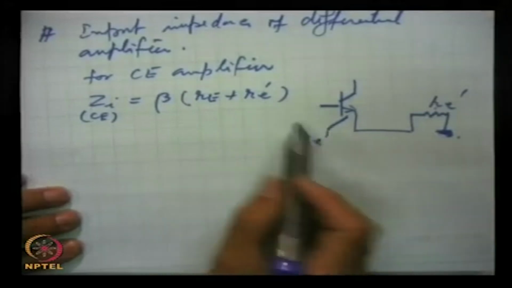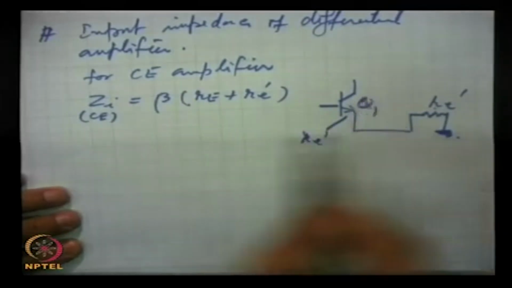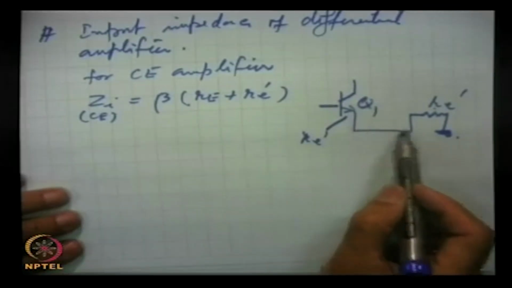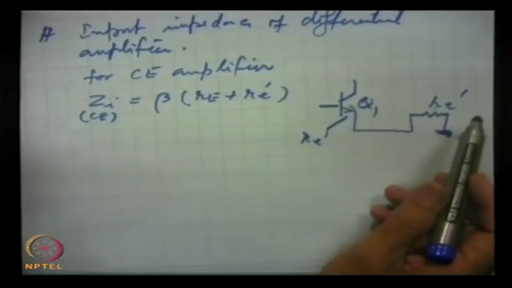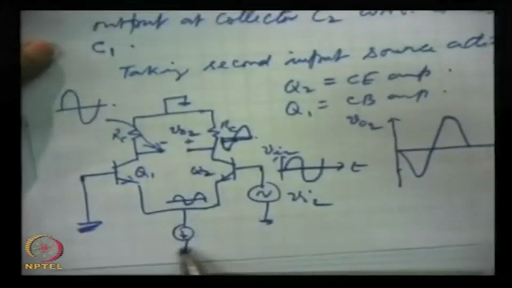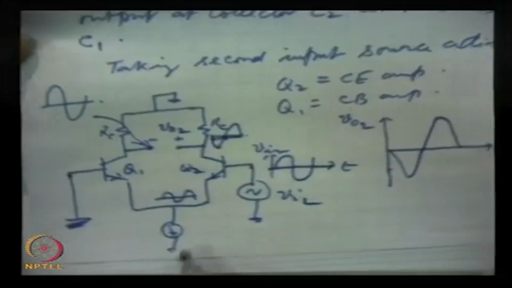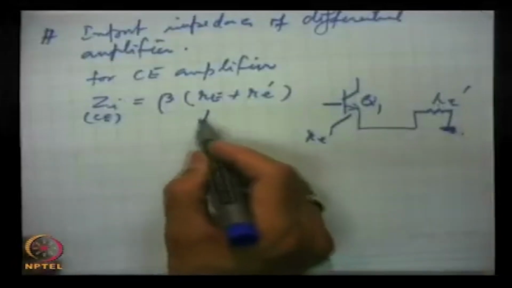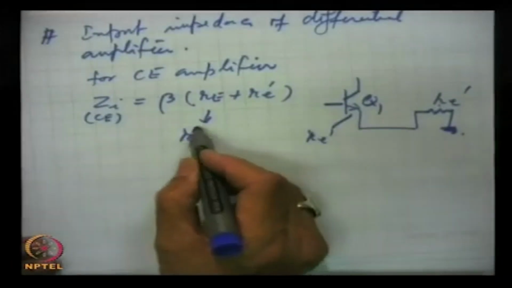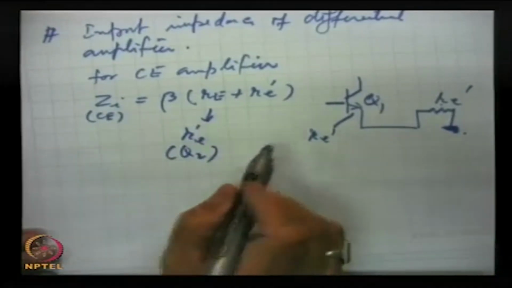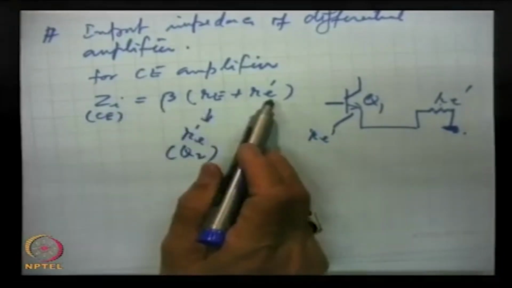This RE prime is appearing because of the dynamic emitter resistance of Q1, but it is also seen because the other is also connected, and the constant current source is open. So, this is non-existent for AC. So, this is the path, and so this RE is also RE prime because of transistor Q2. This result we are not deriving, we have done this.